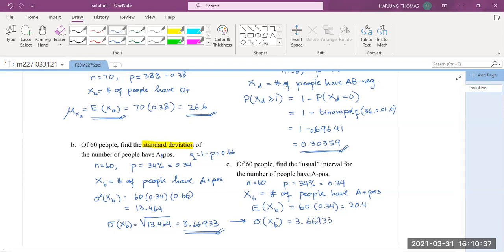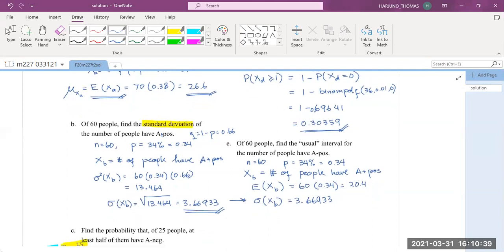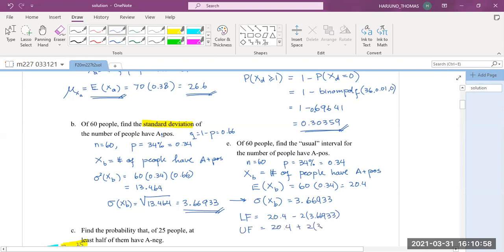Now to get the usual interval, the lower fence will be the mean minus twice the standard deviation, and the upper fence will be the mean plus twice the standard deviation.